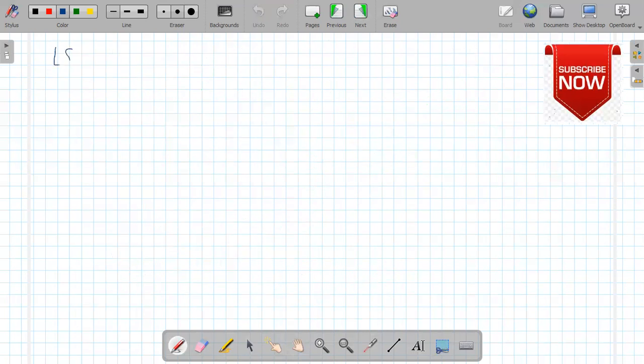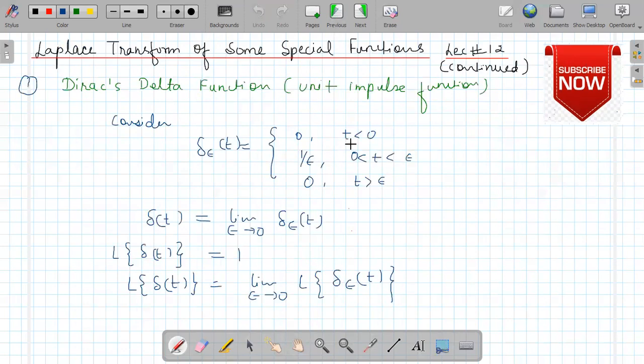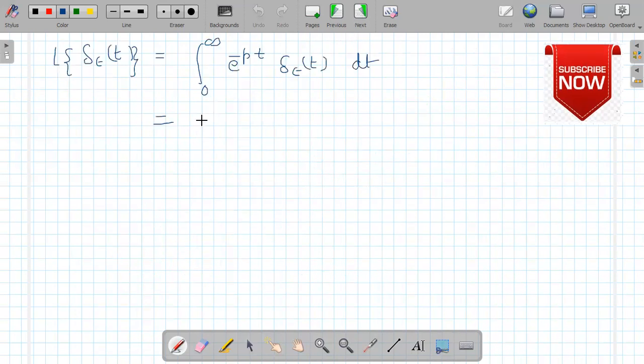So the Laplace transform of delta epsilon t will be the integral from 0 to infinity of e raised to the power minus pt times delta epsilon t dt. This is the usual definition of Laplace transform. Now break this limit from 0 to epsilon and then epsilon to infinity. For 0 to epsilon, the function is 1 by epsilon, and from epsilon to infinity, it is 0. So this is equal to the integral from 0 to epsilon of e raised to the power minus pt into 1 upon epsilon dt.